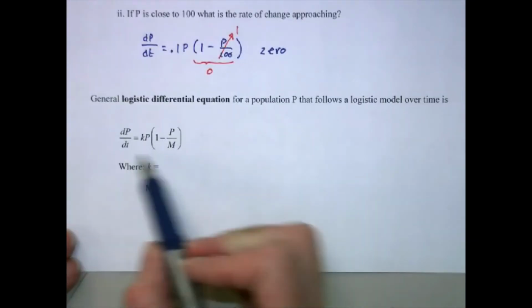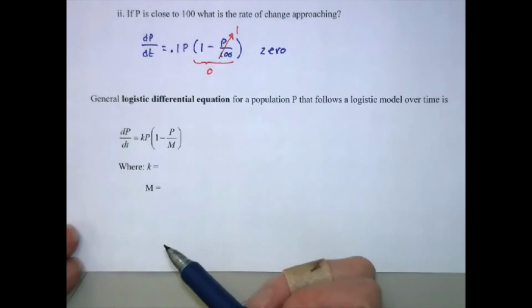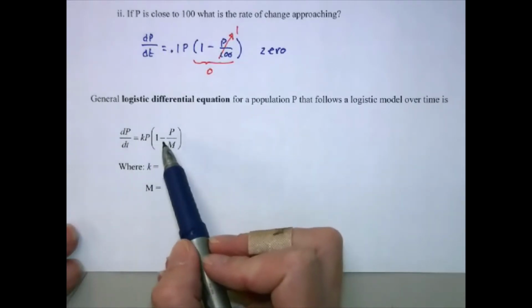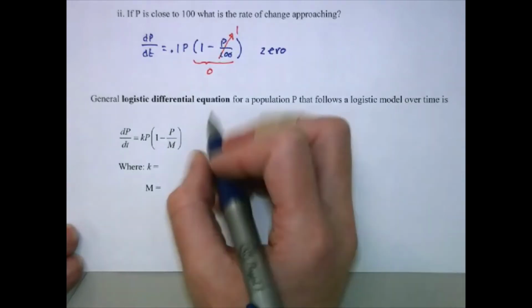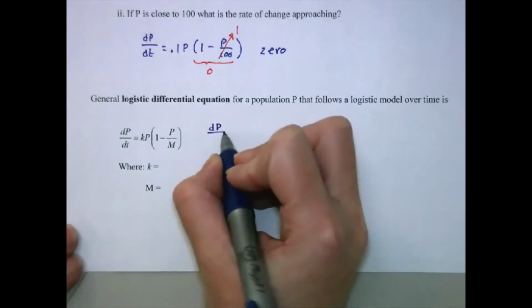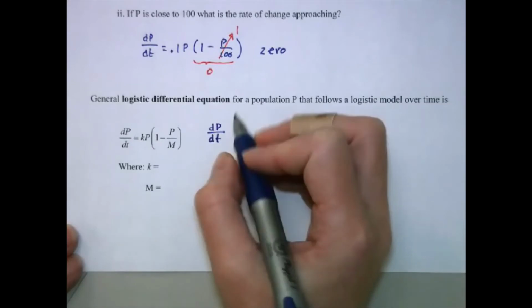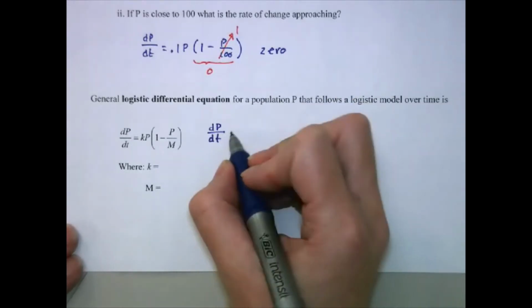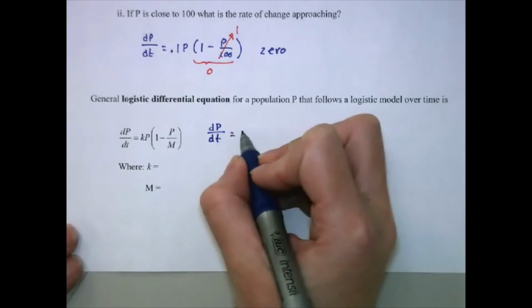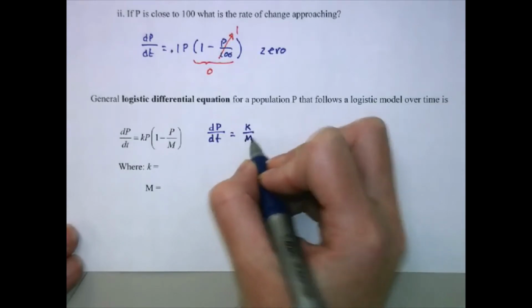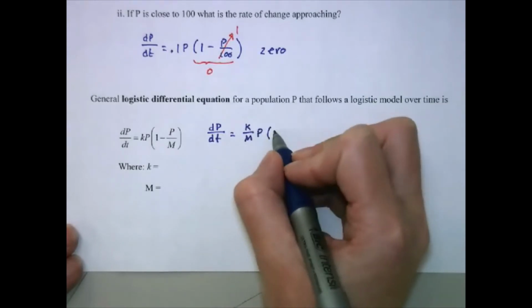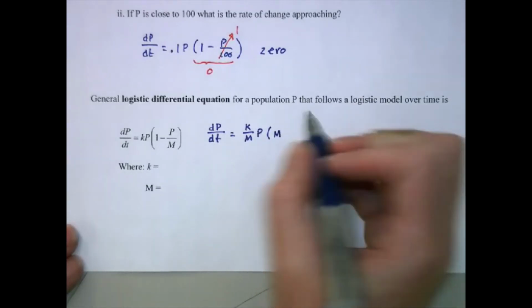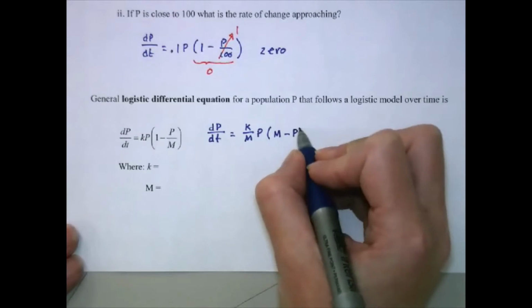Okay, so this is the general logistic differential equation: dP/dt = kP(1 - P/M). You can also see this written as dP/dt = (k/M)P(M - P), if I factor out a 1/M.